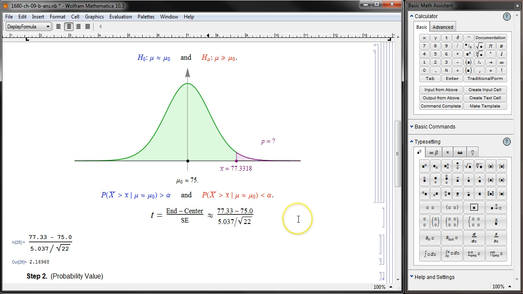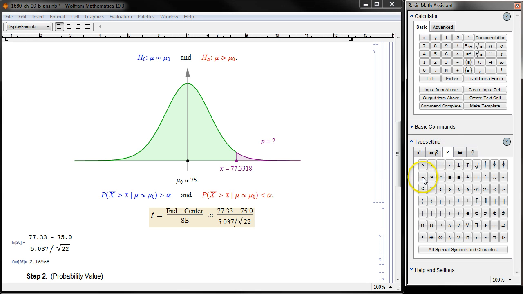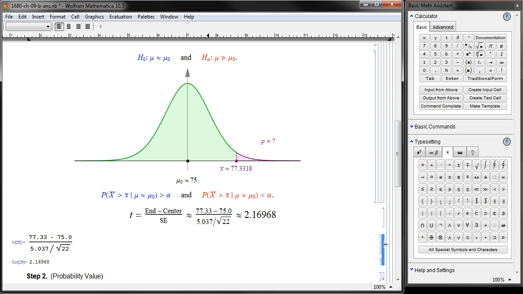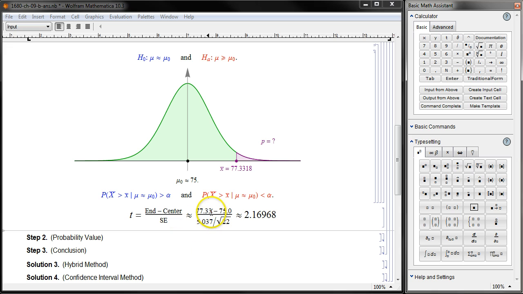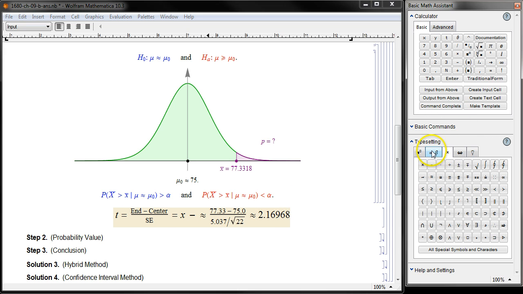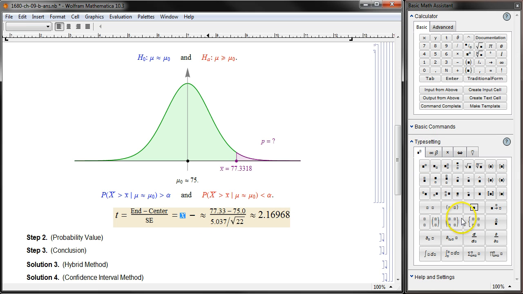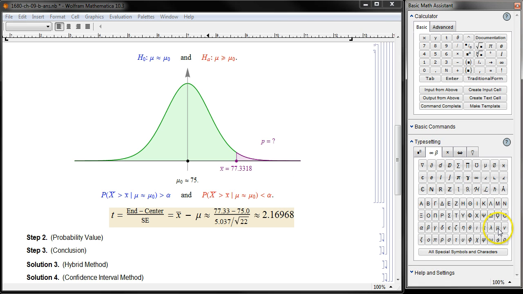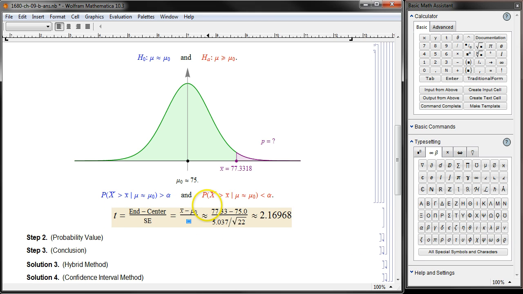Okay, that is your t-score associated to the observed mean of 77.33, or, more precisely speaking, x bar minus mu 0 over SE.